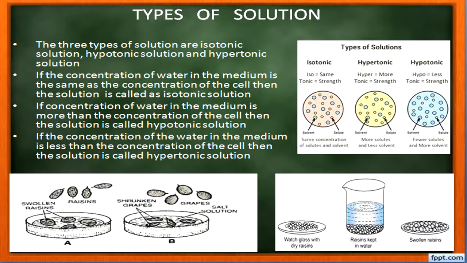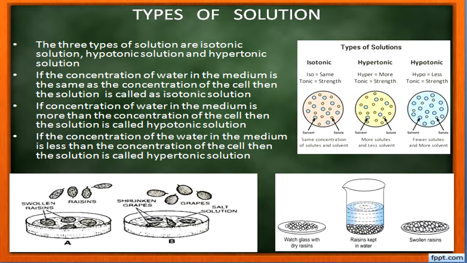this one I will explain to you by placing any animal cell or plant cell over the hypotonic solution. So what will happen to the cell if it is placed in hypotonic solution? Hypotonic solution contains more water.